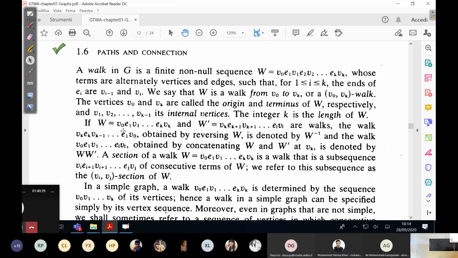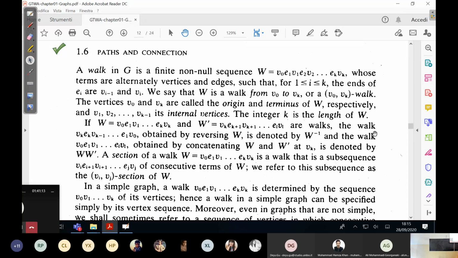If W is equal to v_0, e_1, v_1 up to e_k, v_k, and W' starts from v_k, goes on with v_{k+1} up to e_l, v_l, and these are walks, and the terminus of the first is the origin of the second, then, okay, first of all, you can have a reversed or inverse walk just by reversing the sequence v_k, e_k, v_{k-1} up to e_1, v_0.